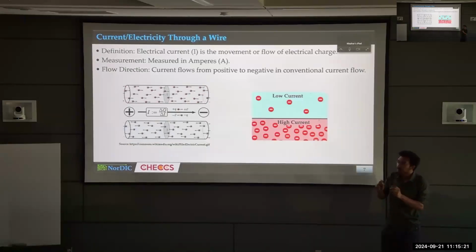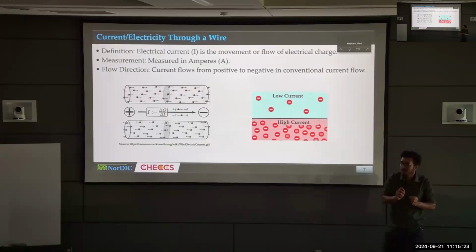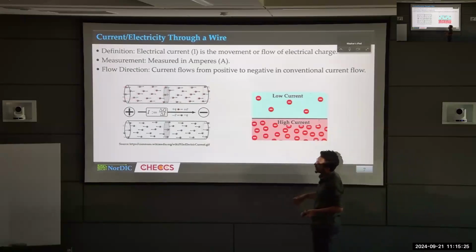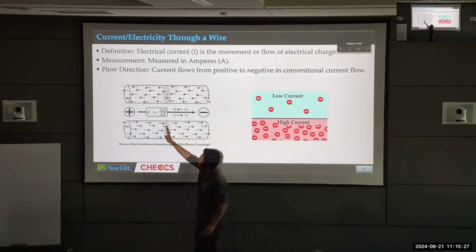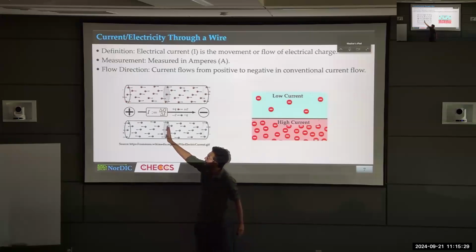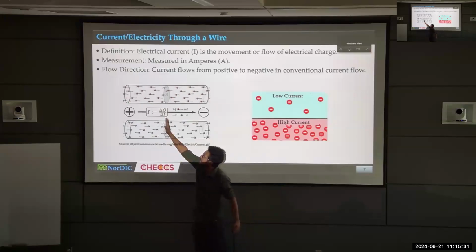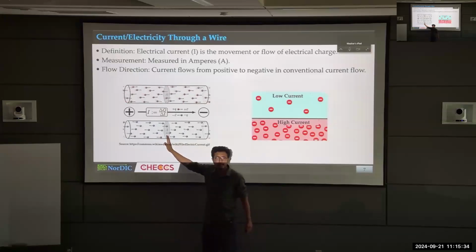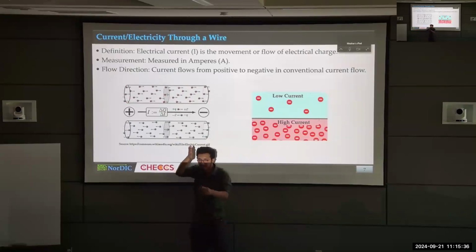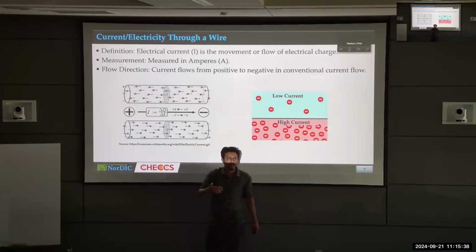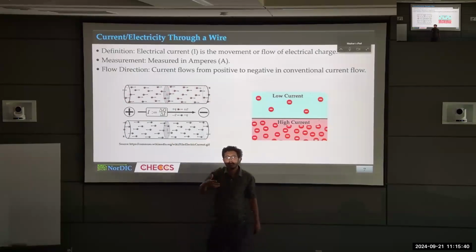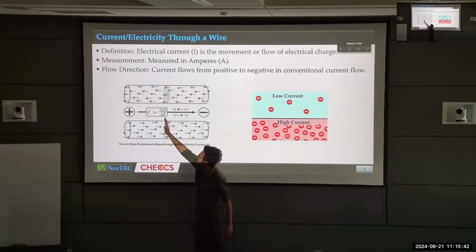But how do we actually measure the current? For example, if you have a wire, imagine a plane and we calculate how many electrons are crossing this plane per second. Do you get it? We measure the current in this way, by how many electrons are passing.